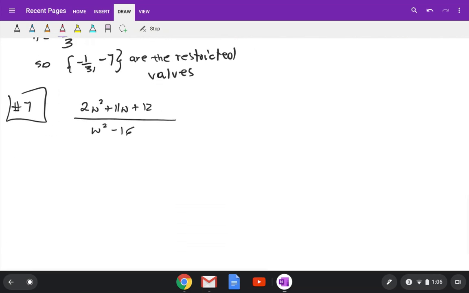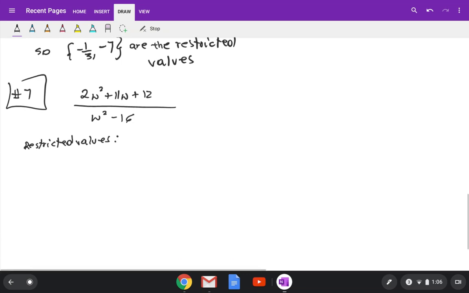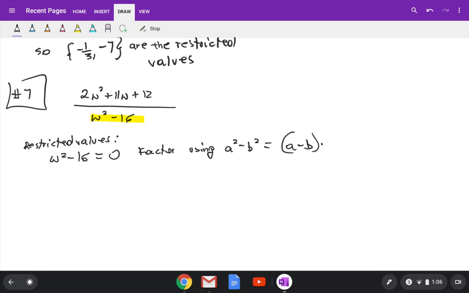Okay, so in number 7, I'm going to start with the restricted values. That's the values for which the expression doesn't make sense. You take your denominator and make it equal 0. So we have w squared minus 16 equals 0. I'm going to factor this using the a squared minus b squared formula, which is a minus b times a plus b.